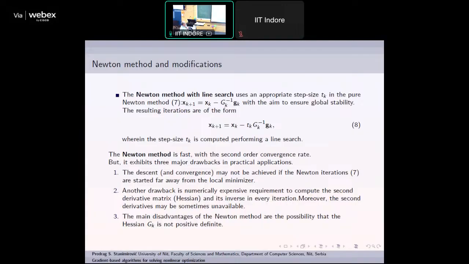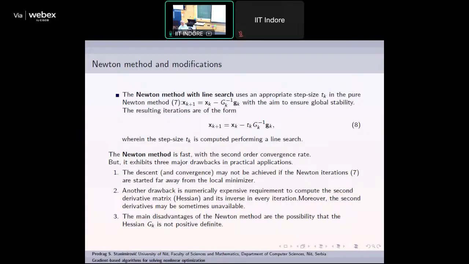Here are iterations of the method known as Newton method with line search. What is the difference between Newton method and Newton method with line search? The difference is in the step size. The descent direction included in a pure Newton method definitely works or works weakly or will not work.